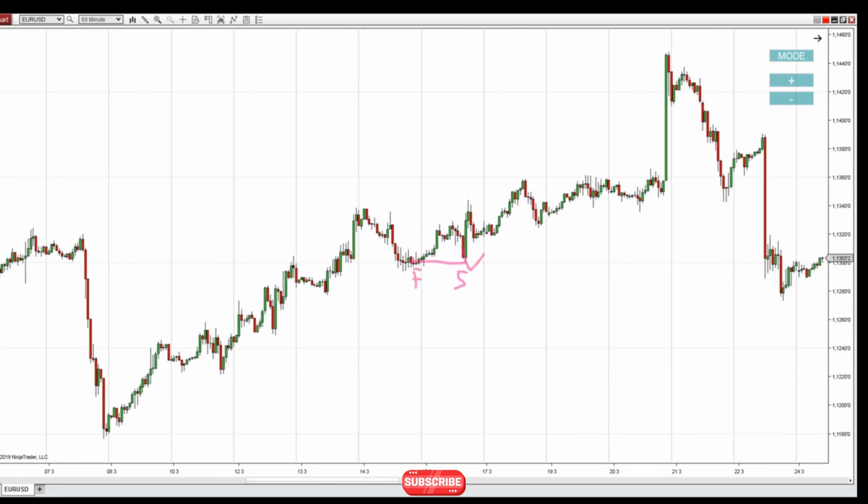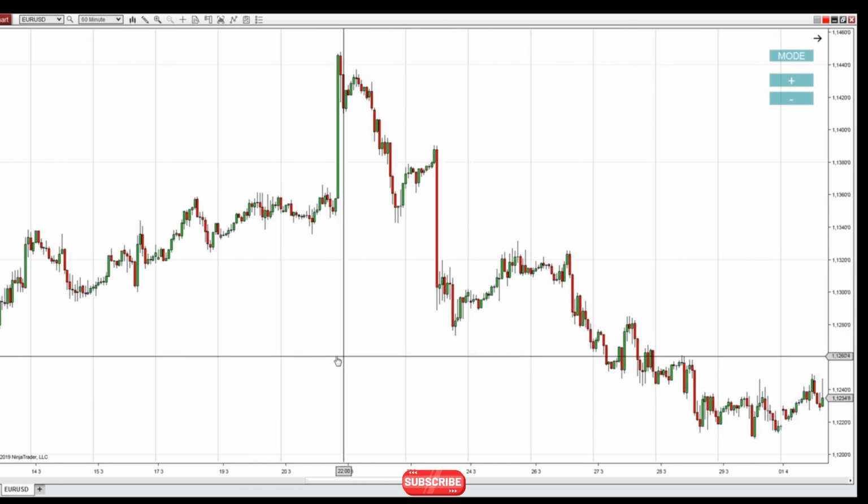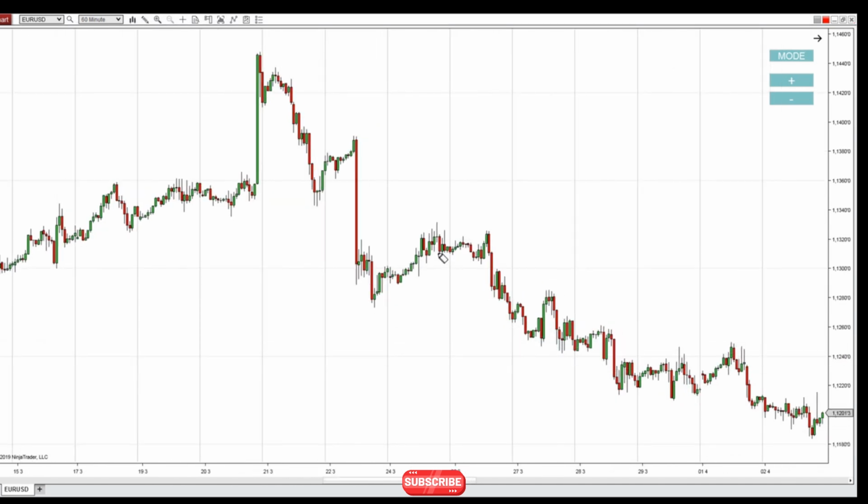Let's move forward a bit. Right there, another nice case of failed auction or a weak low. In this case, it doesn't really matter. It's just very weak rejection of lower prices. And as you can see, the price tests below it pretty soon to create a successful auction.